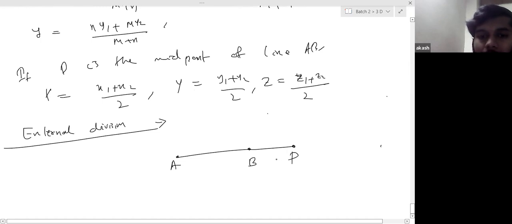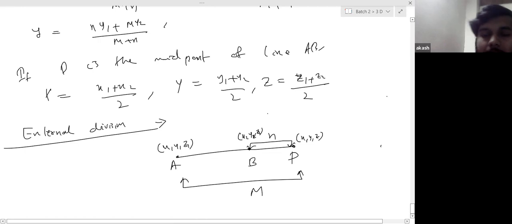This is P. And the ratio will be, this will be M and this will be N. All right. This is X1, Y1, Z1. This is X2, Y2, Z2. We have to find this X, Y, and Z.